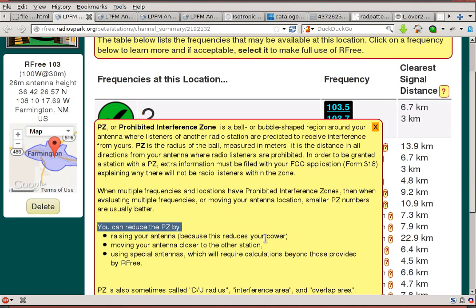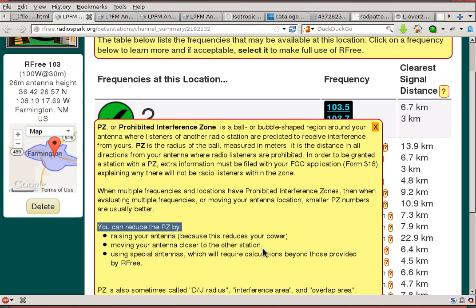If you're raising it over 30 meters of height above average terrain, you have to reduce your power so that it can't go any further than it would if it was 100 watts at 30 meters. So when you reduce your power, that makes your prohibited zone smaller, because your prohibited zone is all about how strong your station is in relation to another station that somebody's trying to listen to.